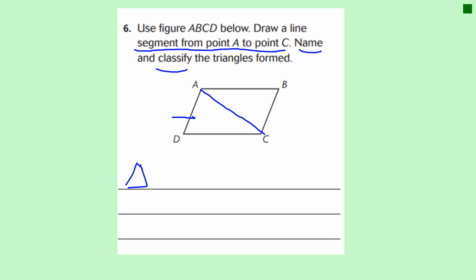All right. So triangle, let's do this one first. ADC. Triangle ADC, right? Our choices are, remember, acute, obtuse, or right.